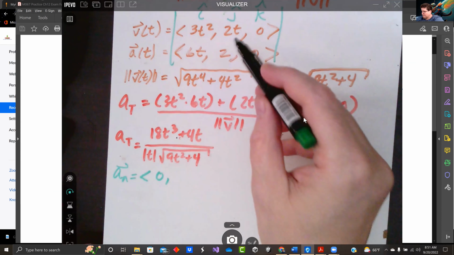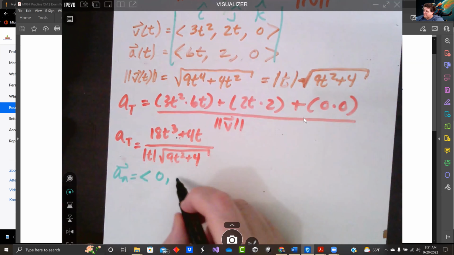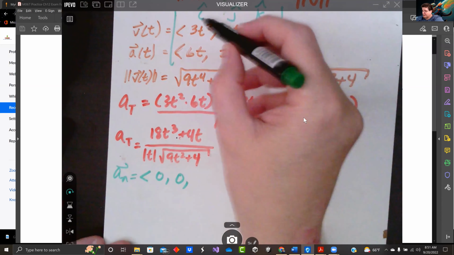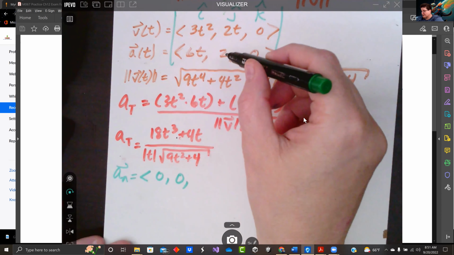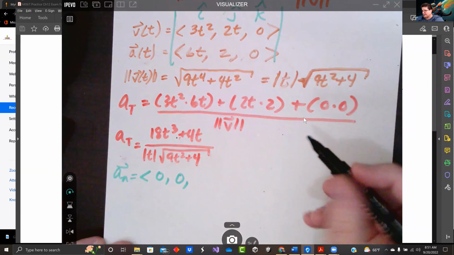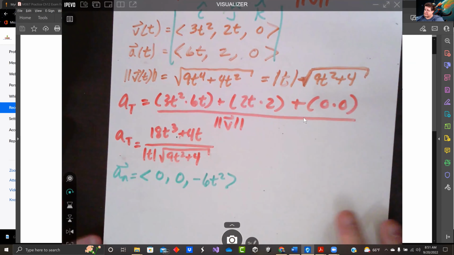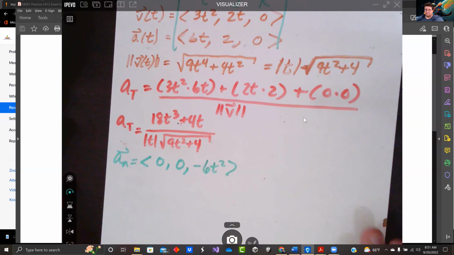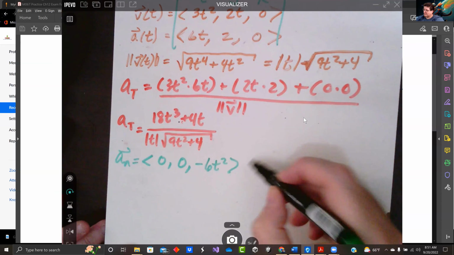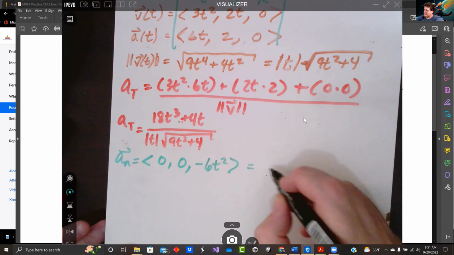My J component, which will be negative, is also flat out 0. My K component is 6t squared minus 12t squared, which is negative 6t squared. The magnitude of that is 6t squared.